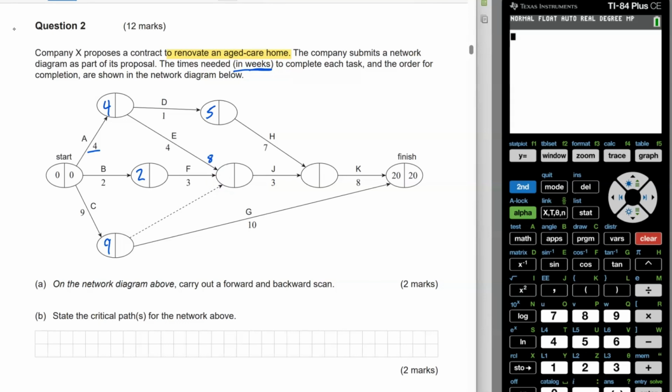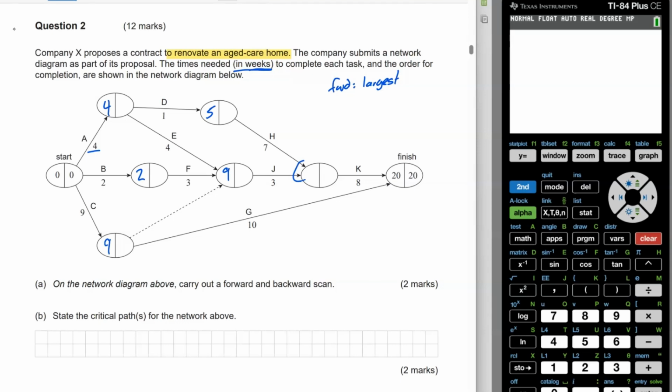So 4 plus 4 is 8. 3 plus 2 is going to be 5, and then we have the 9 coming in from our dummy link as well. So on my forward scan, I need to take my largest number, and in this case we're going to put the 9 inside the node.